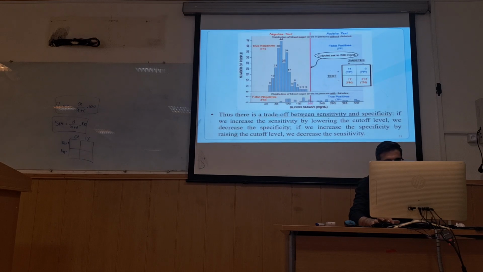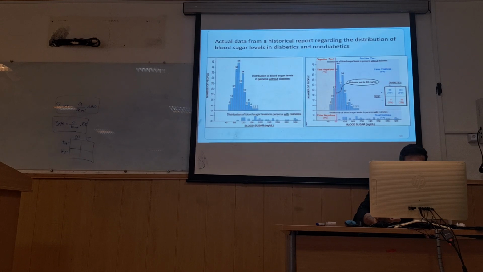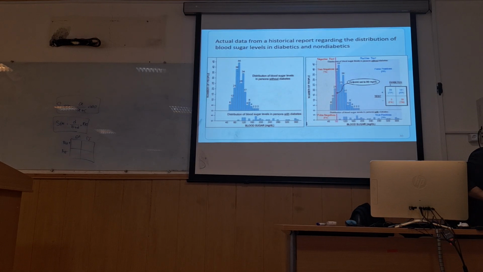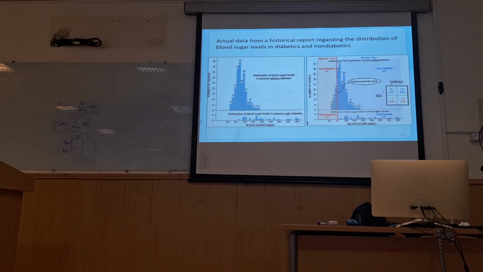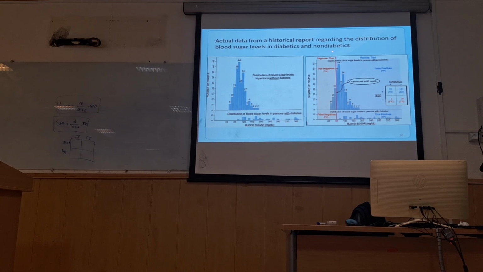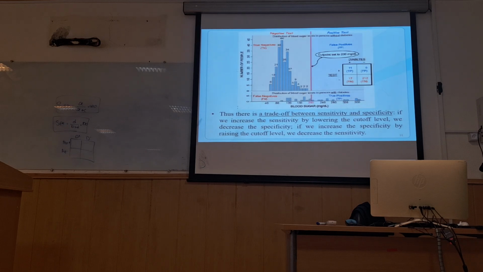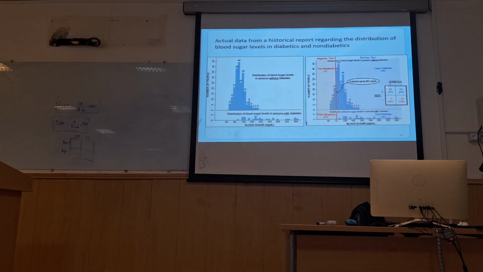This picture shows the impact of cutoff point on sensitivity and specificity of a test. For example, imagine that you establish the cutoff point at 80, yes, and at this cut point the sensitivity and specificity are here.